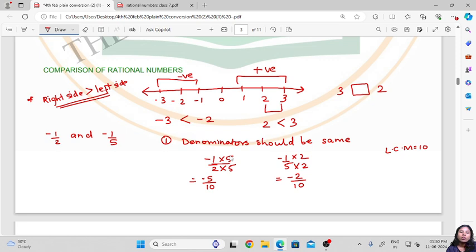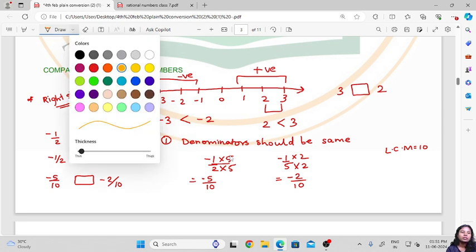So now our denominators are the same, and let's compare. We initially had minus 1 by 2 and minus 1 by 5, and now with the same denominators we have minus 5 by 10 and minus 2 by 10.